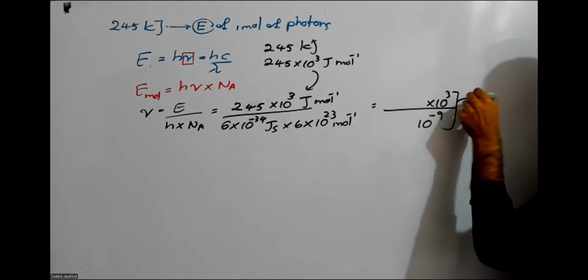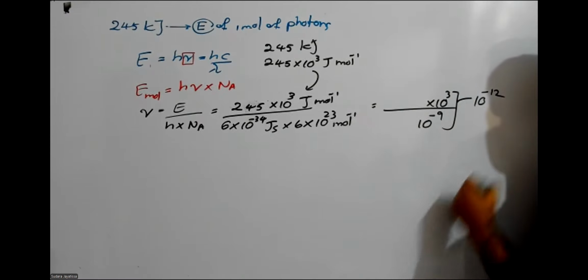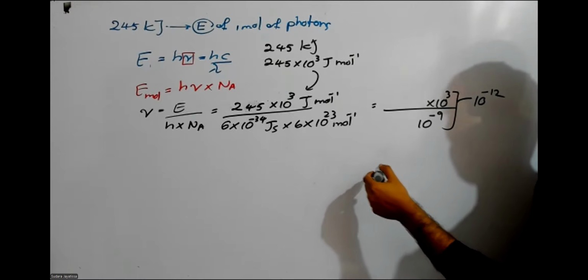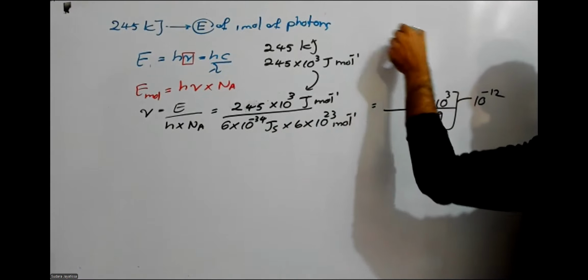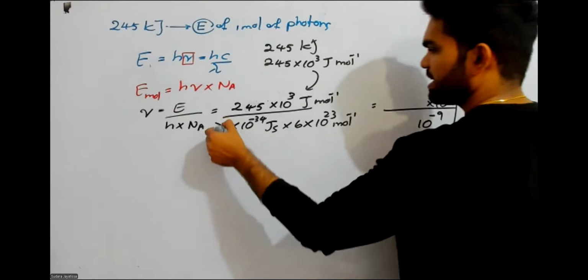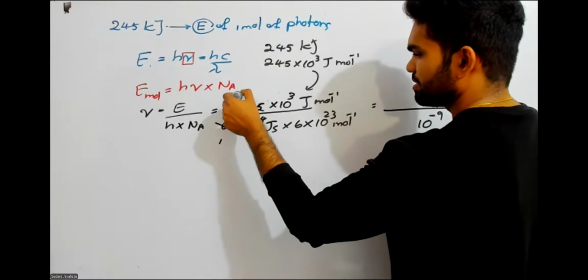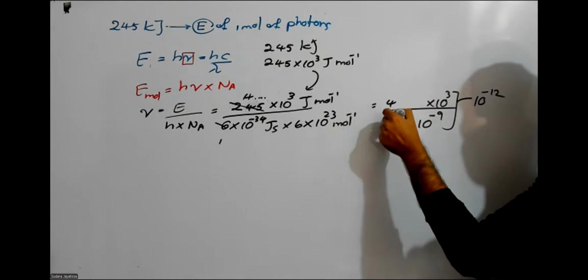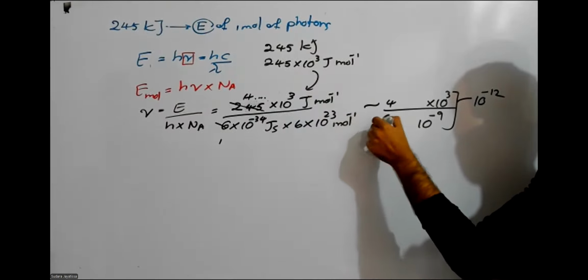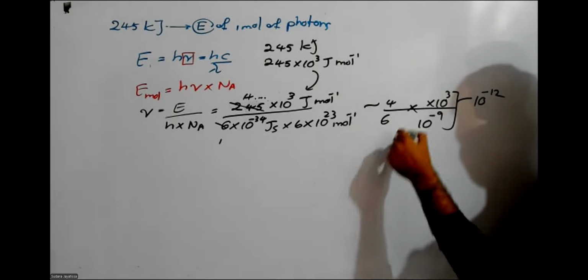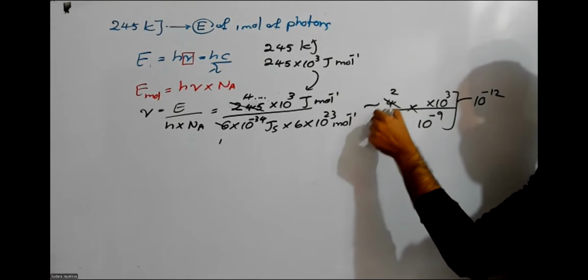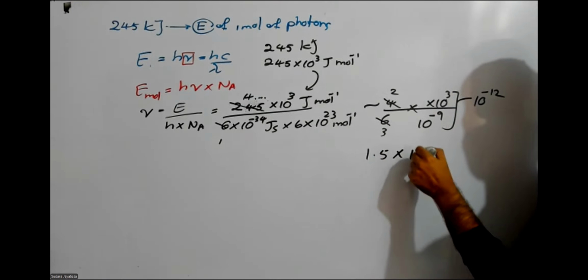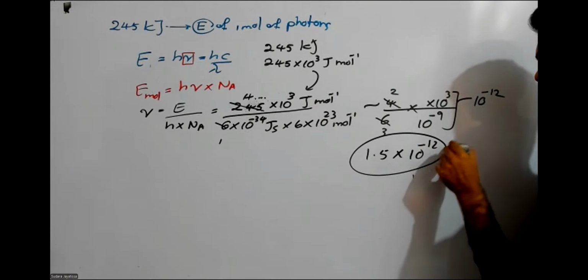If you simplify these two, it will give you 10 to the power minus 12. And 245 and 6, you can simplify. 245 is roughly 4 point something. If you divide this by 6, approximately, you can divide again by 2, 2 and 3. So it's actually 1.5 into 10 to the power minus 12, somewhere around that Hertz value will come.